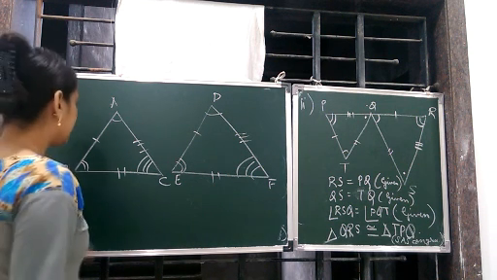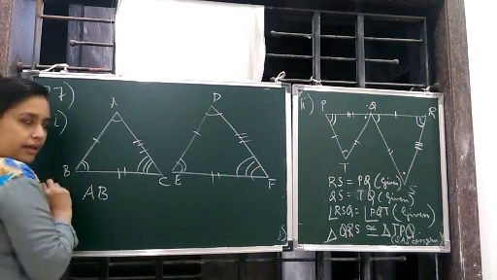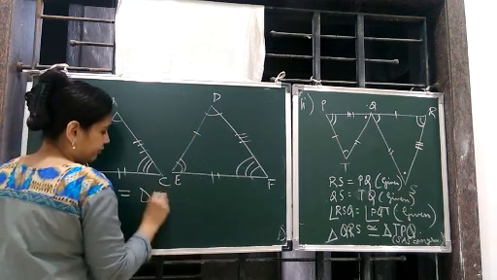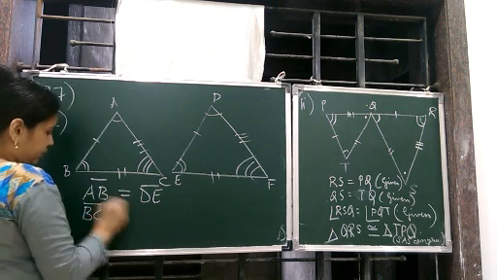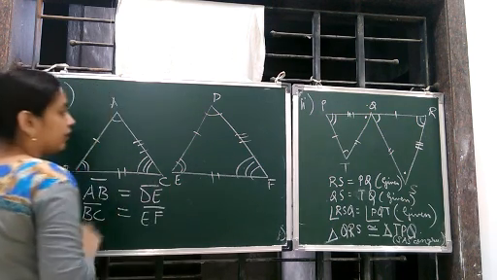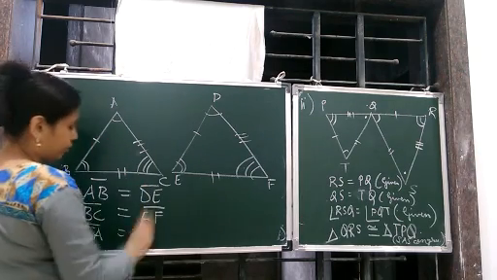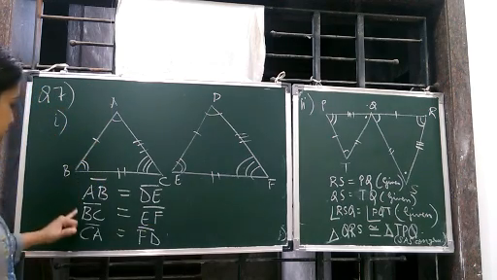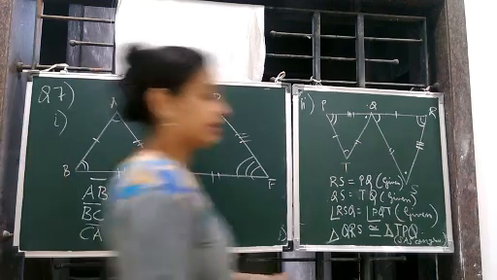Since the triangles are congruent, AB is equal to DE. Then BC is equal to EF. Then CA is equal to FD. Now let's add them: AB plus BC plus CA.